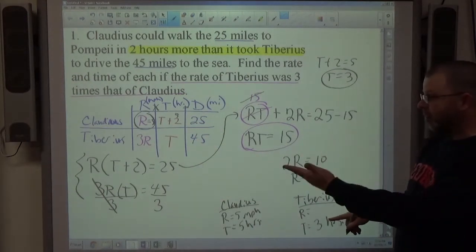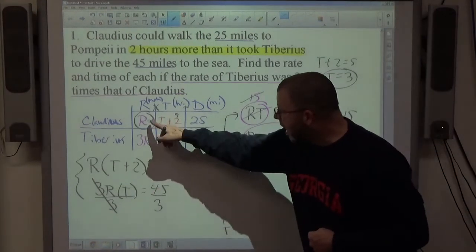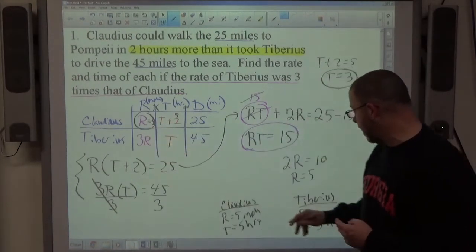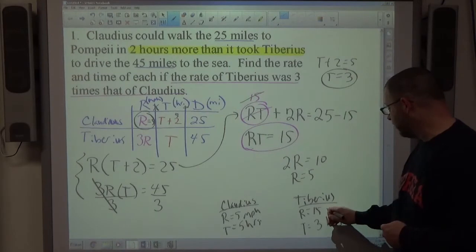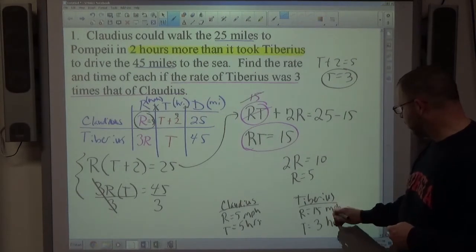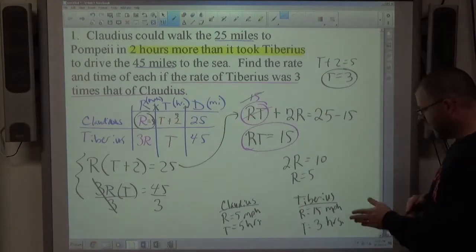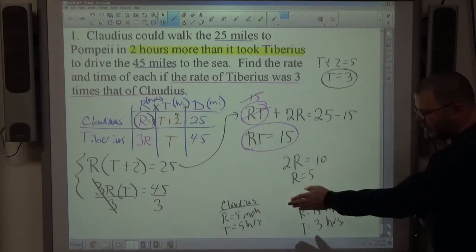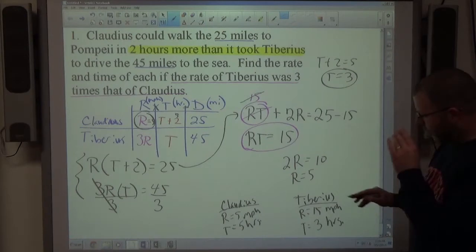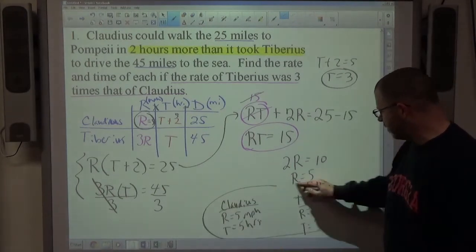We also know Tiberius went 45 miles. 5 times 3 is 15 miles per hour, Tiberius's rate. I could have also gone 3 times 15 makes 45, take your pick. 15 miles per hour for 3 hours, 5 miles per hour for 5 hours. We have both their rates, both their times, and that's the right answer.